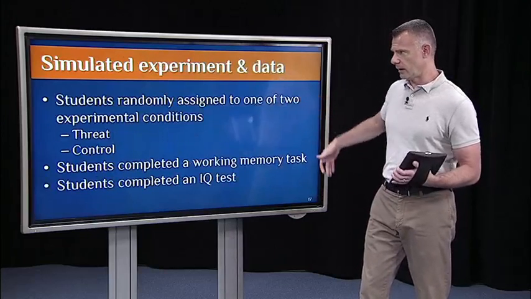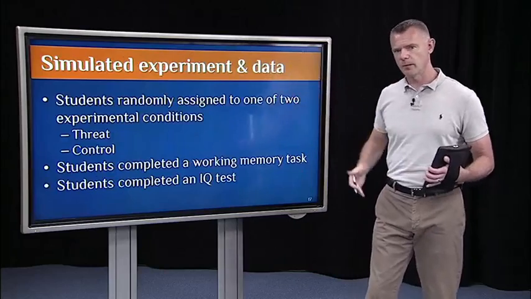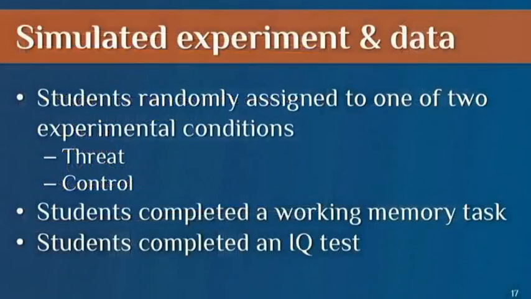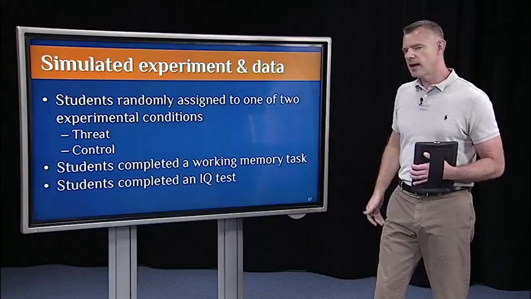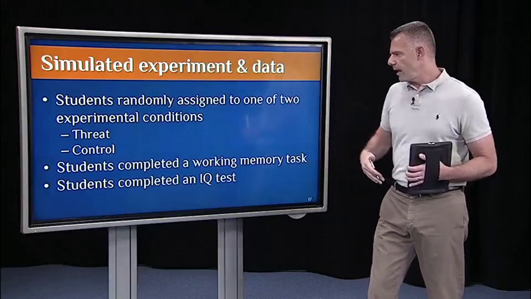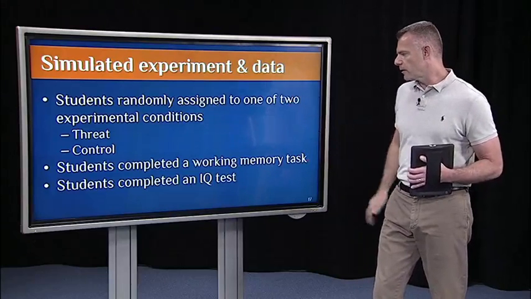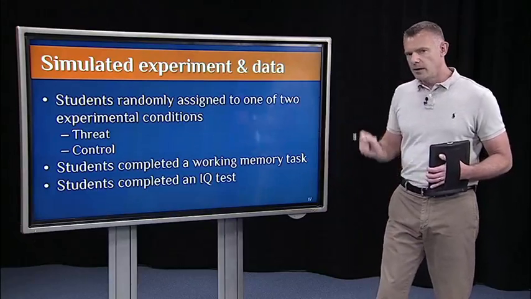So this is an outline of what I call the simulated experiment. We haven't actually done this yet. There's a graduate student in my lab who's doing something like this, so I'll actually have real data, but this is all simulated. But let's imagine that they were randomly assigned to threat or control, and then they completed the working memory task and the IQ test.